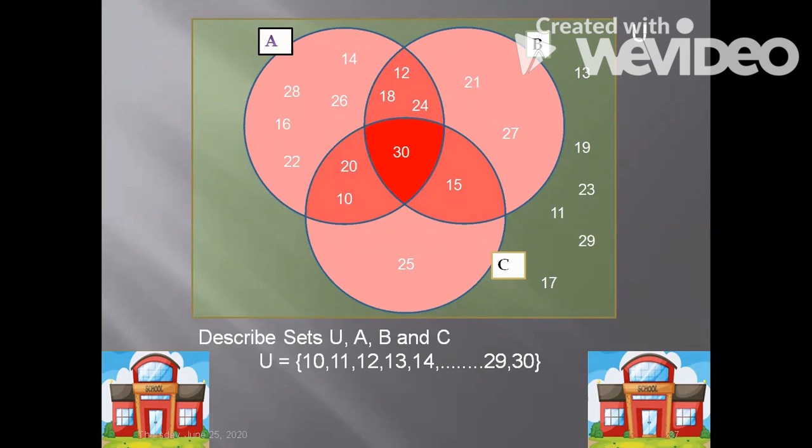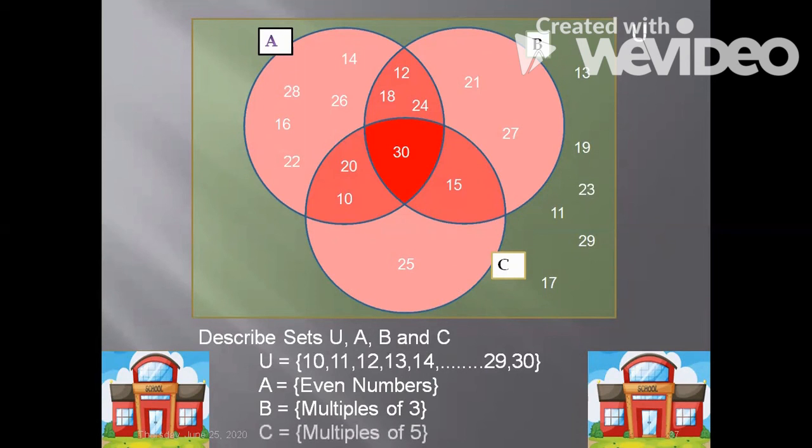But set A turns out to be, again, even numbers. What about set B? Set B are multiples of 3. What about set C? Set C are multiples of 5.